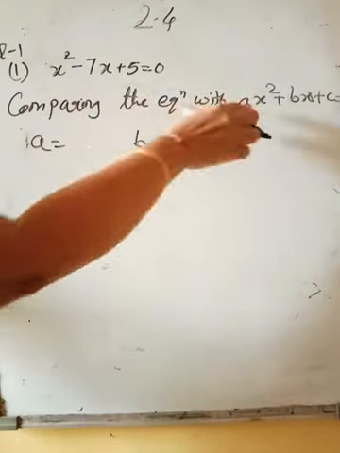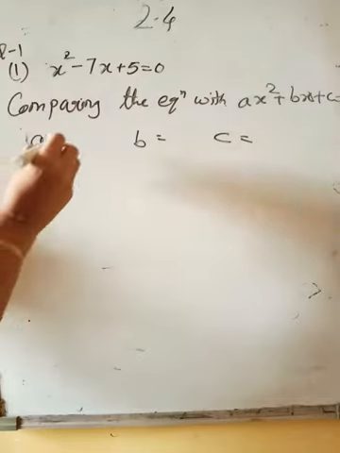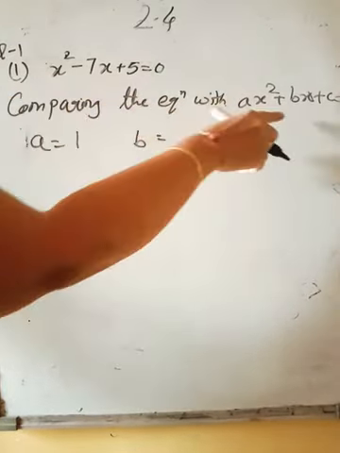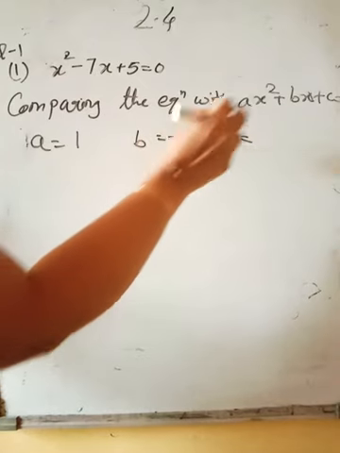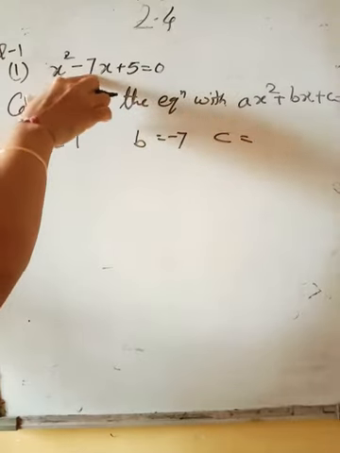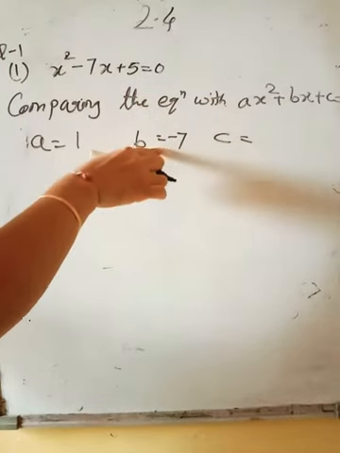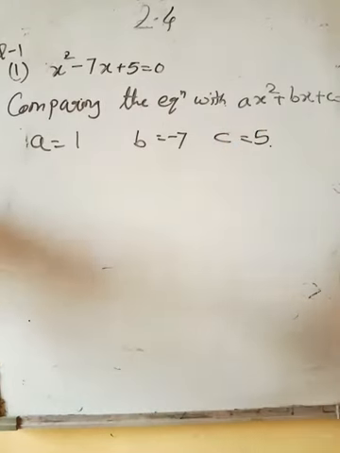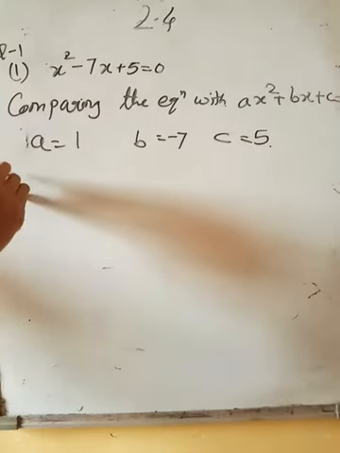Just compare it. A is 1, B is equal to minus 7. See, you are going to write down the number along with the sign. So we don't have 7, we have minus 7. So B is minus 7 and c is equal to 5. Alright.